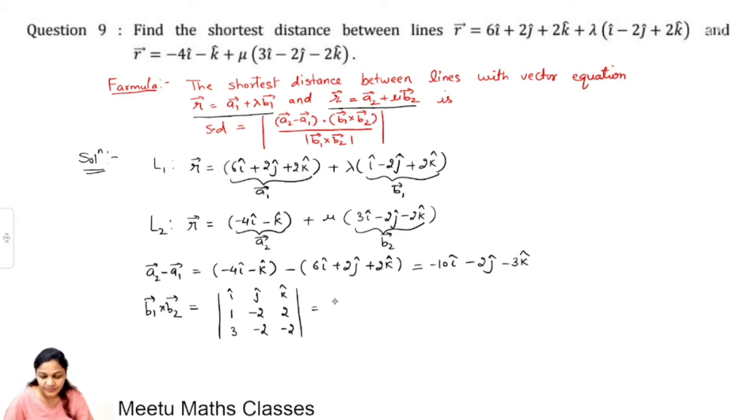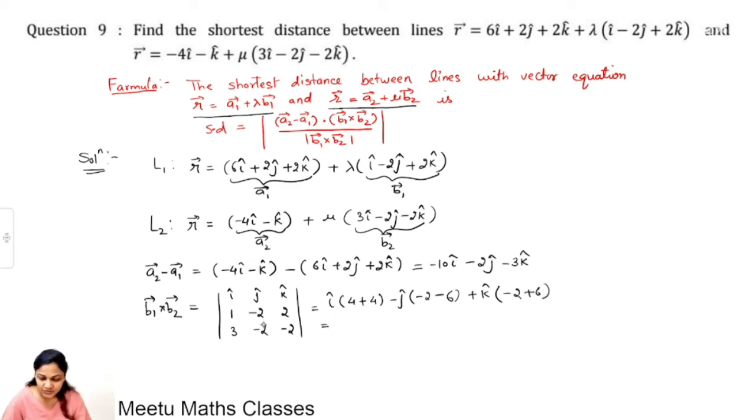So b1 cross b2 will be i times (minus 2 into minus 2 is 4, minus 2 into 2 is minus 4), minus j times (1 into minus 2 is minus 2, minus 3 into 2 is 6), plus k times (1 into minus 2 is minus 2, minus 3 into minus 2 is minus 6).